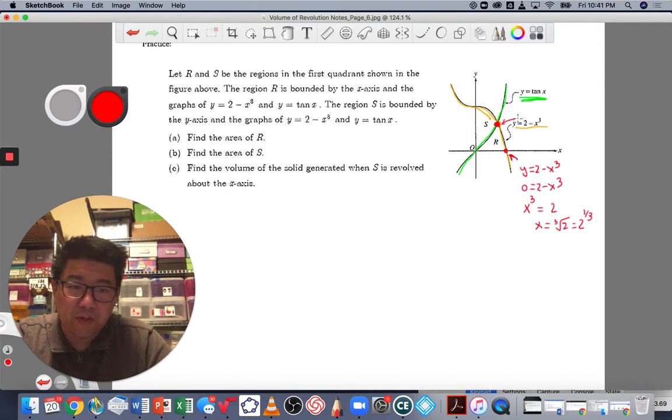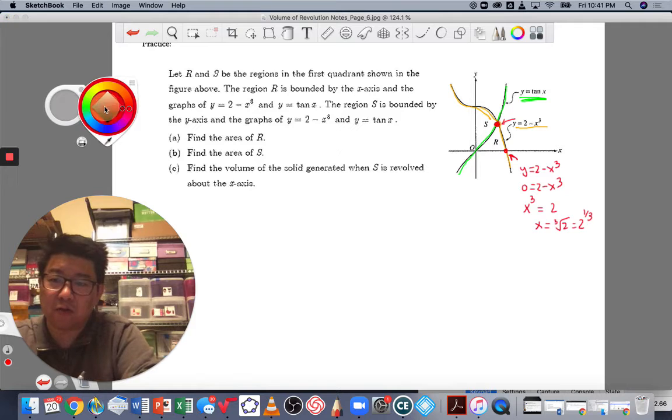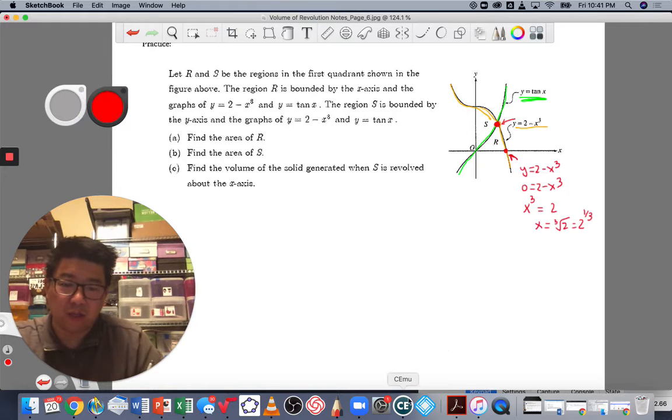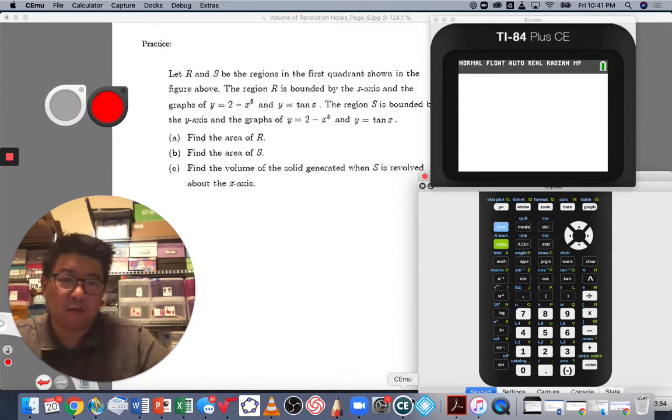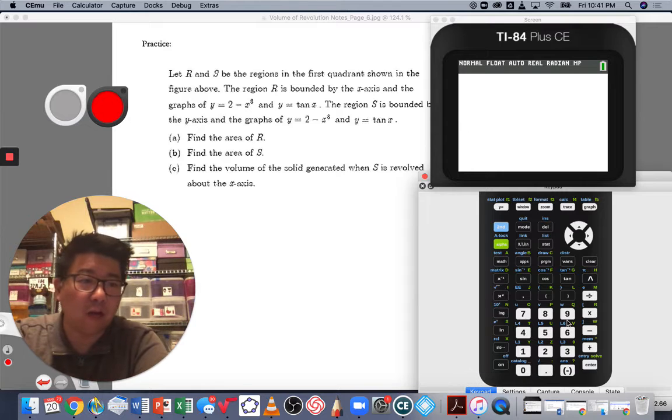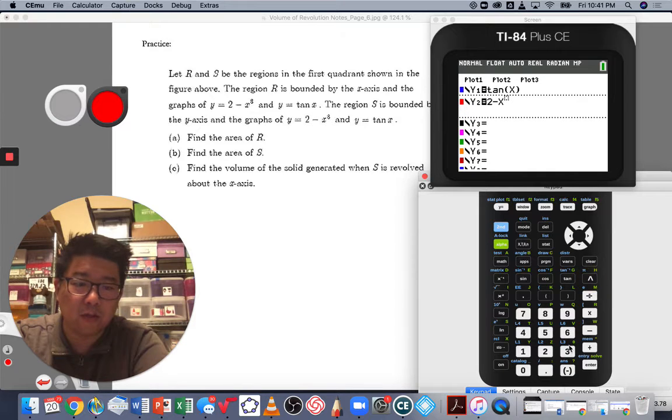Now for this one, where does 2 minus x cubed equal tangent x? We've got to go to our calculator. We're going to go to y equals. You're going to enter tangent x for the first one, go down, and enter 2 minus x to the 3rd power.